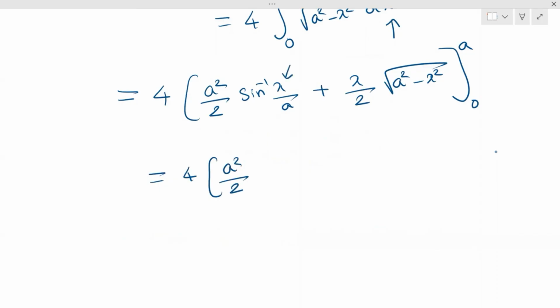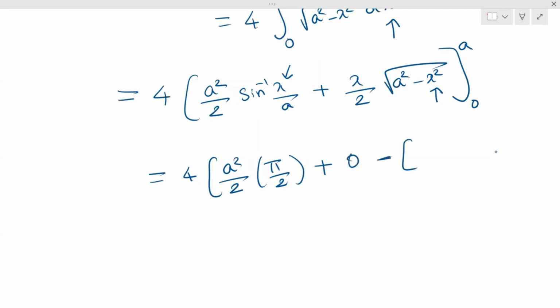Substituting x equal to a, we get sine inverse of 1, which is pi by 2, plus, with x equal to a, root of a square minus a square, which is 0.